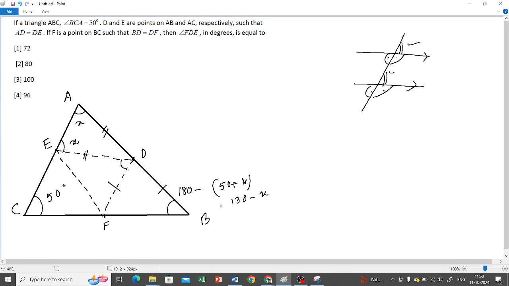Now if this is 130 minus x, you see FDB is an isosceles triangle. This one becomes 130 minus x now.